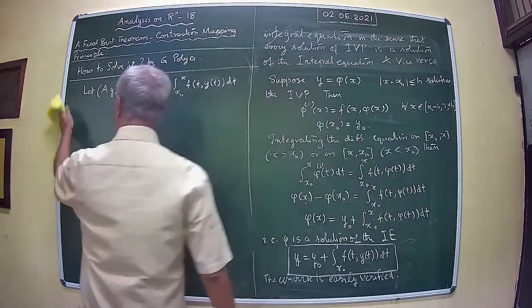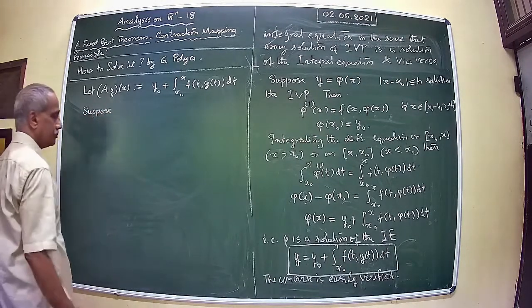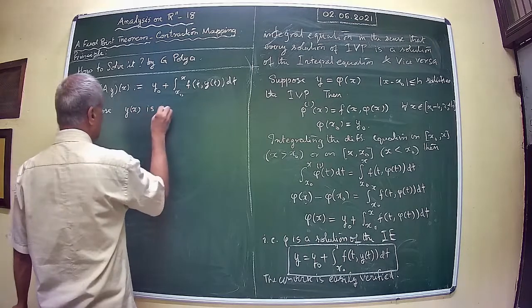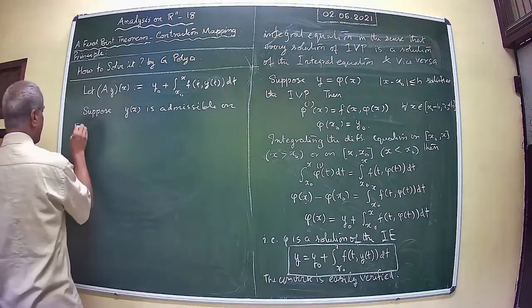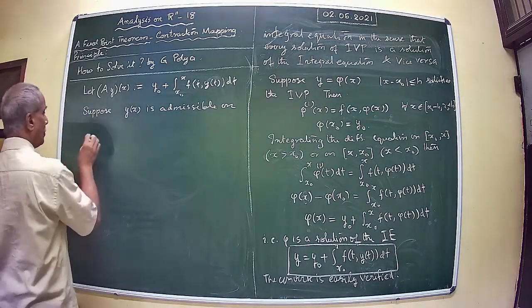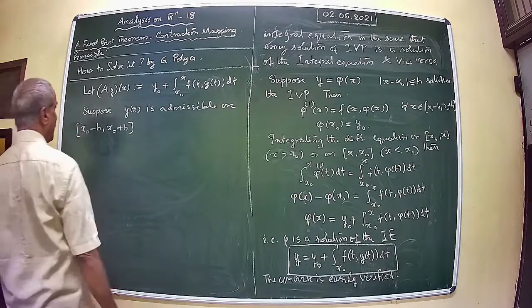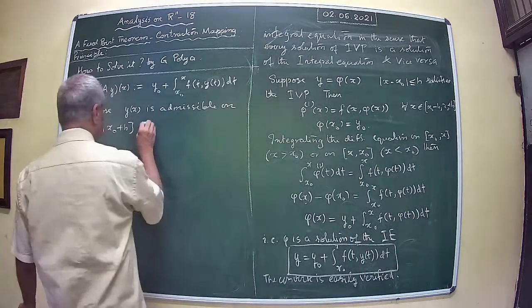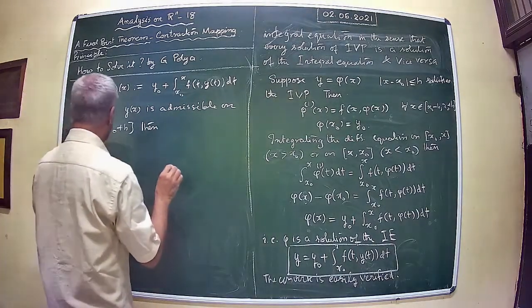So what one can prove is the following. Suppose phi is admissible, then A phi is also admissible.